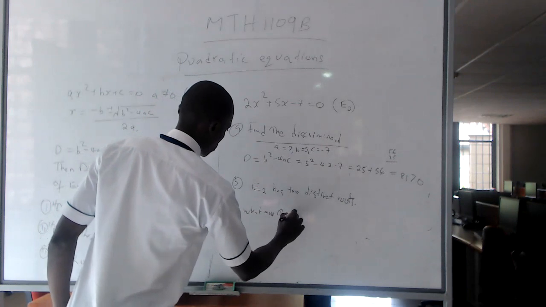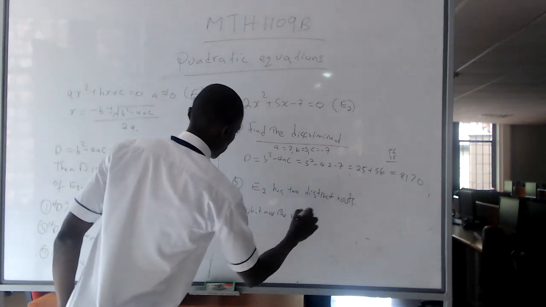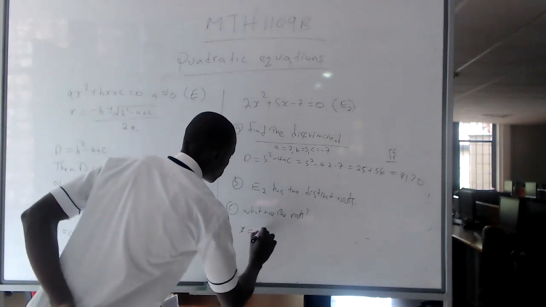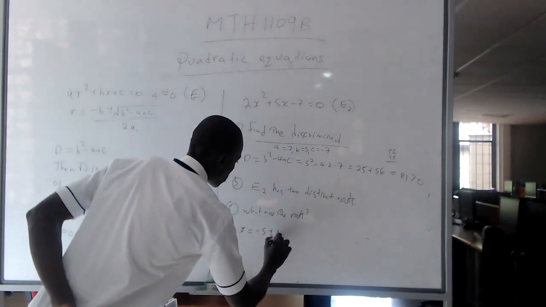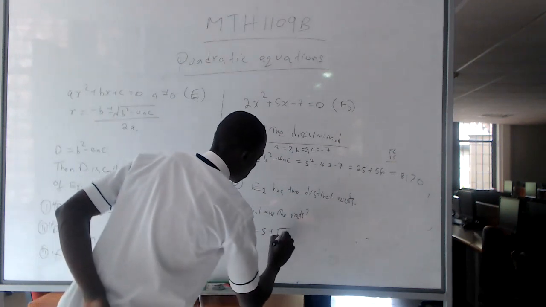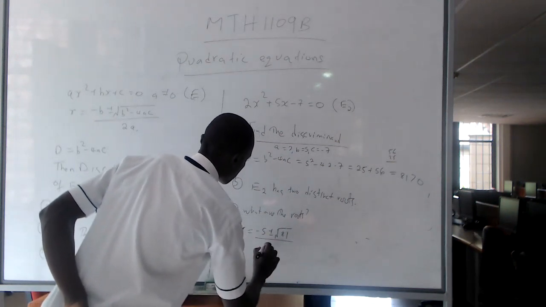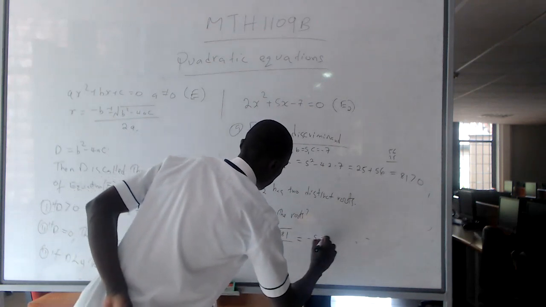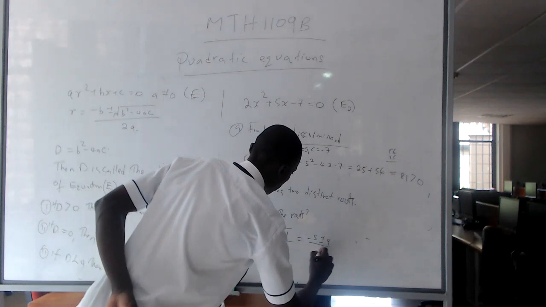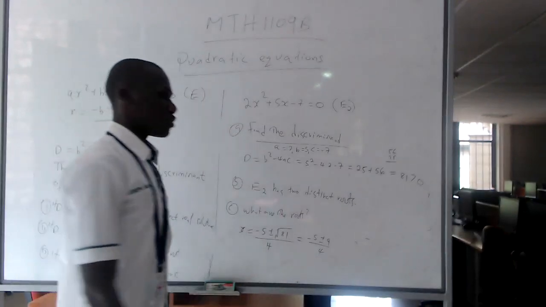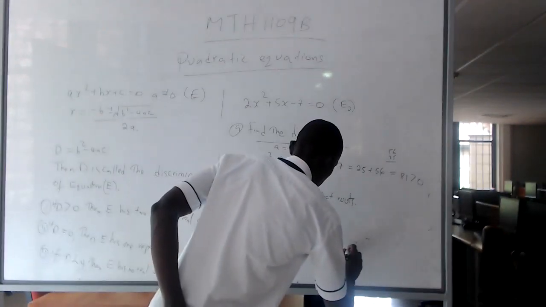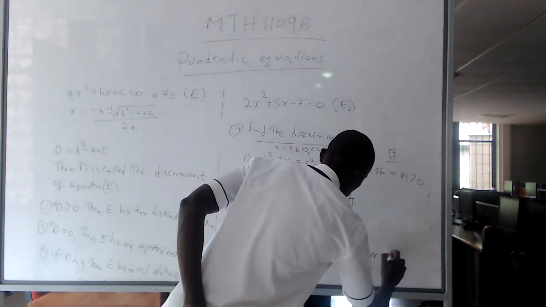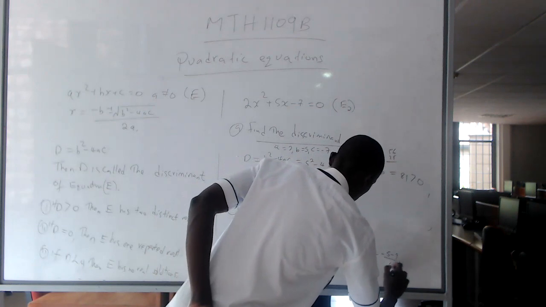What are the roots? So the roots will be by the formula, x is minus 5 plus or minus square root of the discriminant, which is 81, divided by 2 times 2, that's 4. So this will give me minus 5 plus or minus 9 divided by 4, where 9 is the square root of 81. This gives me either minus 5 plus 9 divided by 4 or minus 5 minus 9 divided by 4.